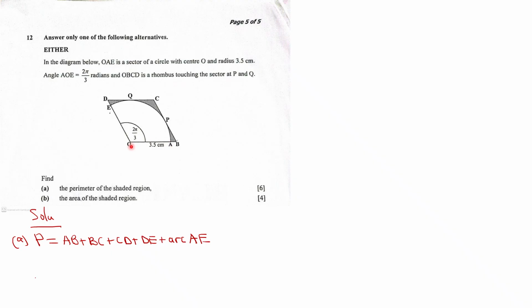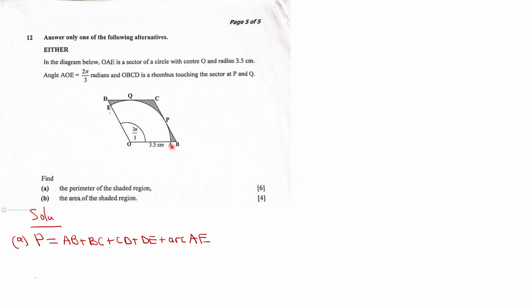So if we know what OB is, then we can find AB simply by subtracting OA from OB. That is going to give us the length AB. So for us to find AB, we need to find the length of the side of the rhombus.